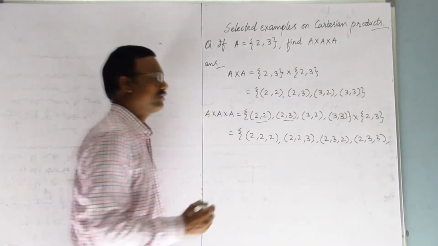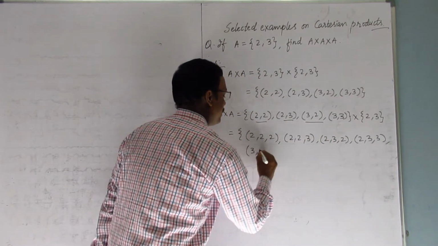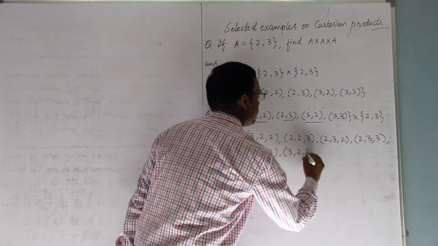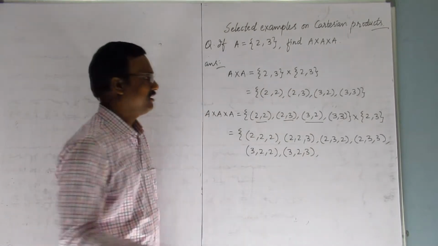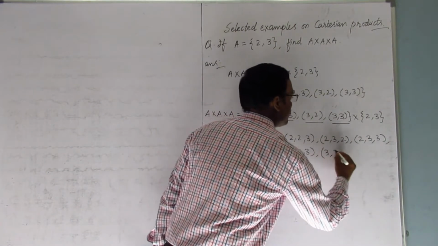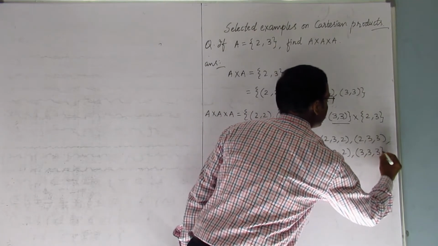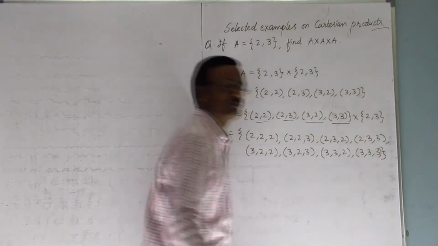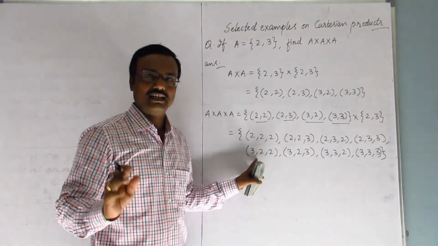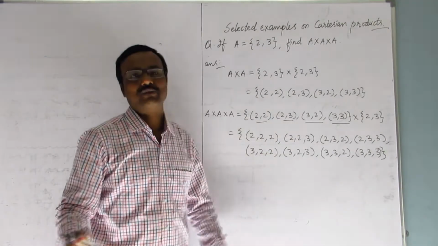Next to that, get all the combinations of (3,2). That is (3,2,2), then (3,2,3), and then get all the combinations of (3,3). That is (3,3,2) and (3,3,3). That's all, my dear students. A cross A cross A. So these are elements at 3 different places, and these are all the possible combinations.